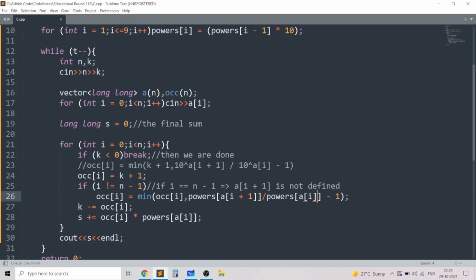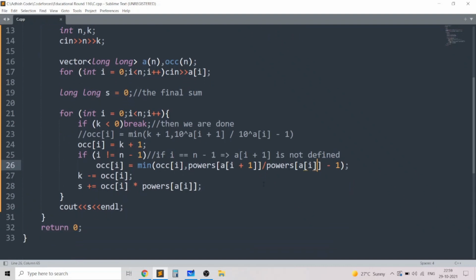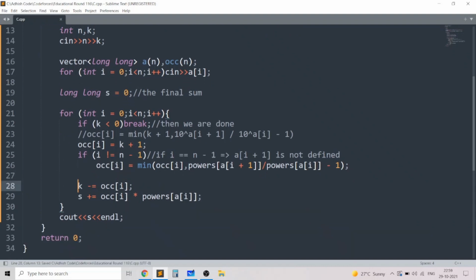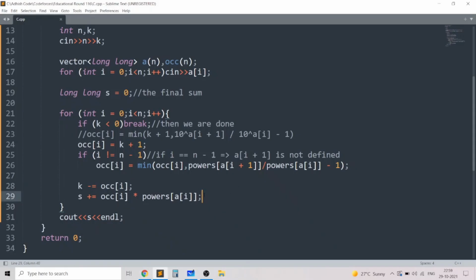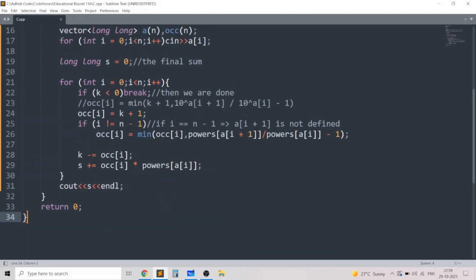Either way we can compute this quantity, and then we subtract 1 to get occurrences of i, and k will decrease by occurrences of i because that's the number of banknotes which we use, and we increase the total sum by occurrences of i into 10 to the power of ai, and in the end we just print s.